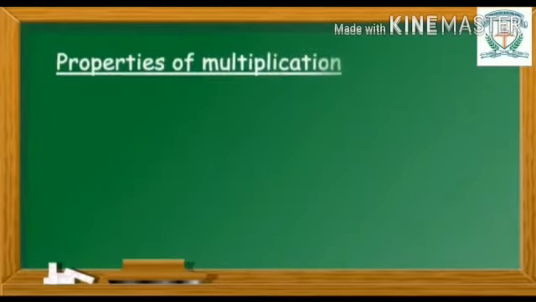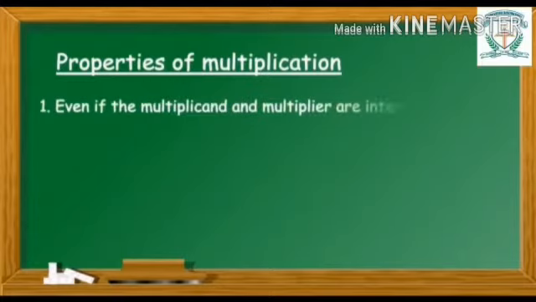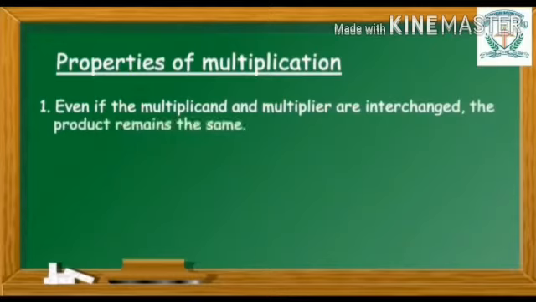Now let us learn about the properties of multiplication. Property 1. Even if the multiplicand and multiplier are interchanged, the product remains the same. For example, 3 4s are 12.